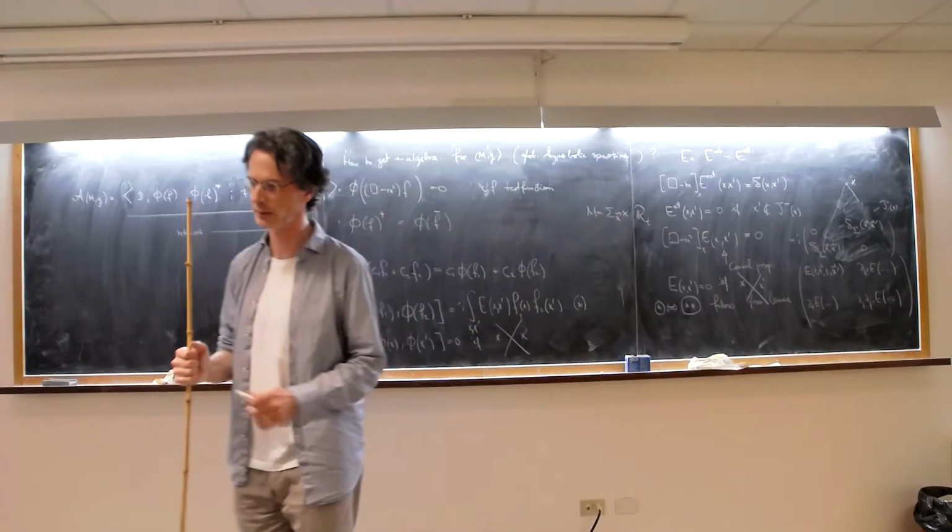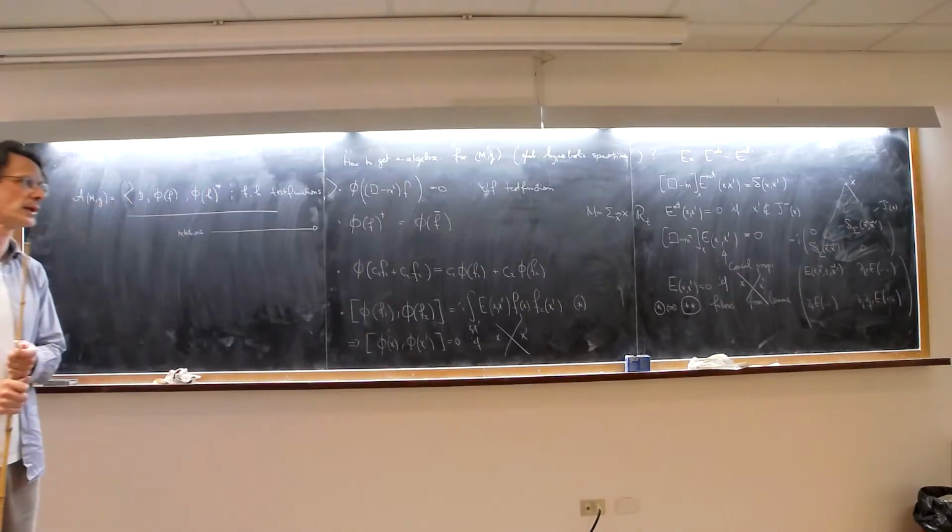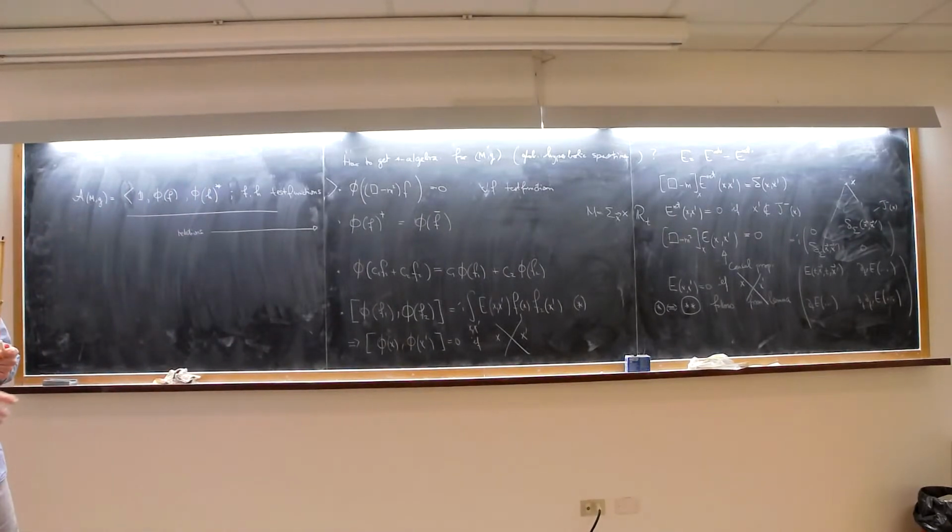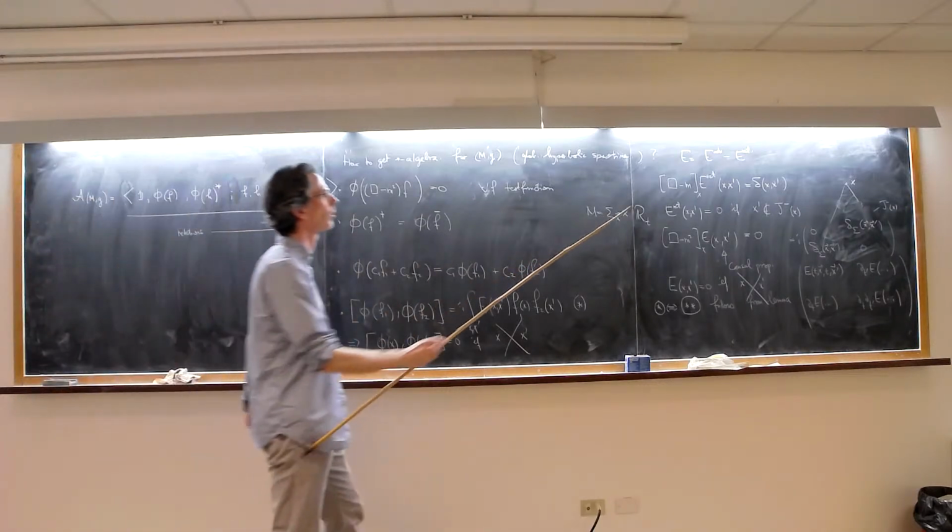So for example, in Schwarzschild spacetime, which is algebraically certainly not a particularly complicated metric, you can easily write it down. Nobody has an explicit formula for this.